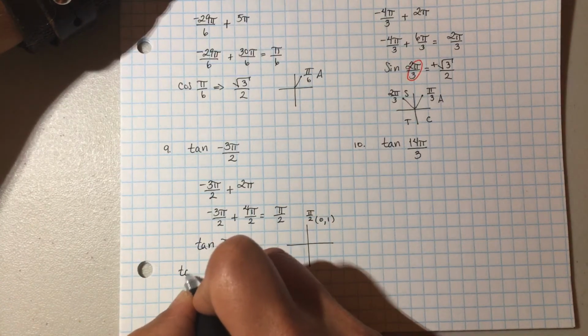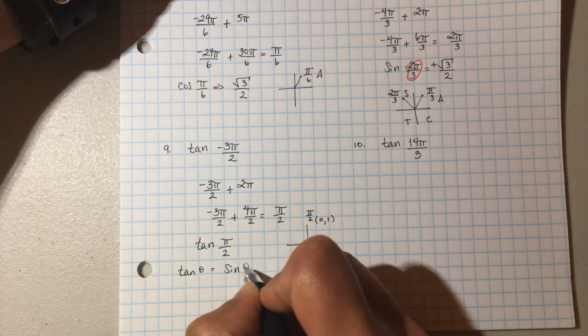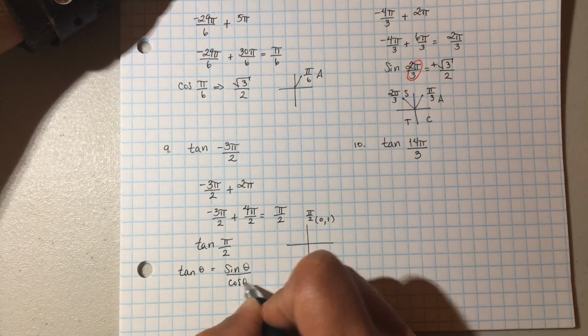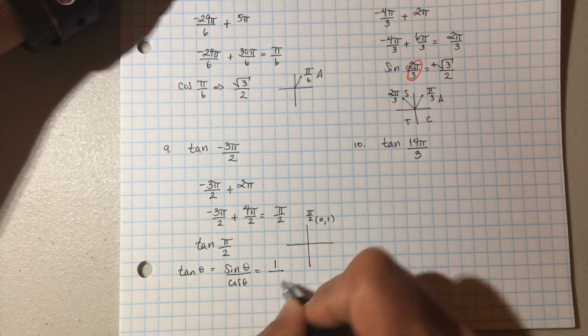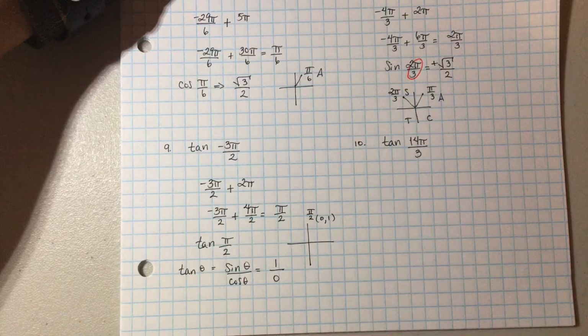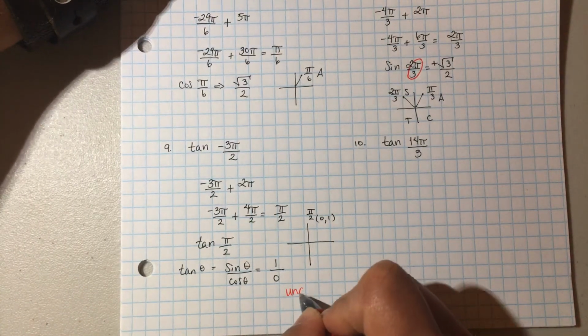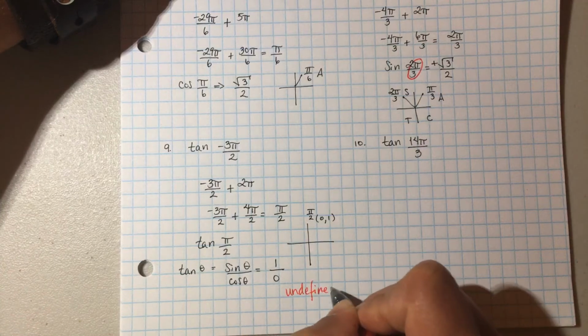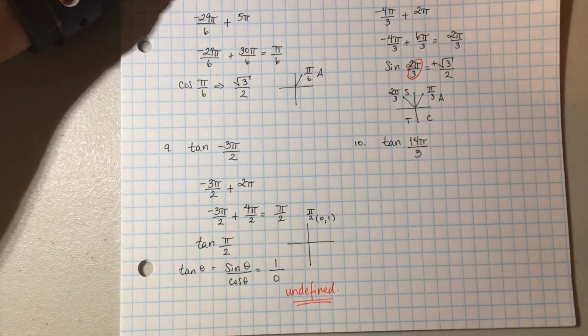So that means we're going to get 1 over 0. Now, can we divide by 0? No, you cannot. So this is undefined. You cannot divide by 0.